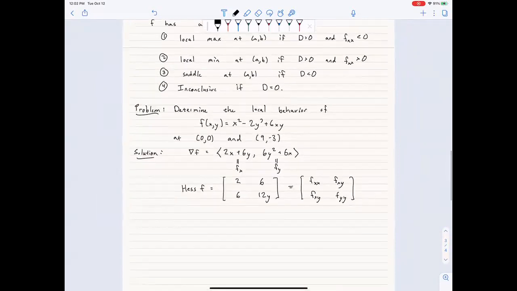So the discriminant is the determinant of the Hessian, which helps me because I don't have to remember these weird looking formulas. I just remember how to take a determinant of a 2 by 2 matrix. So this is going to be 24y minus 36.